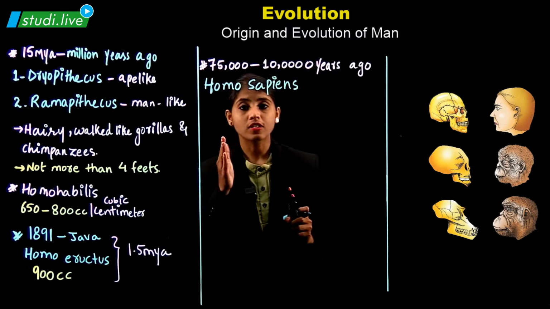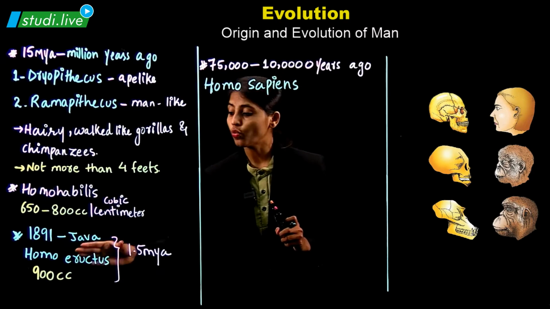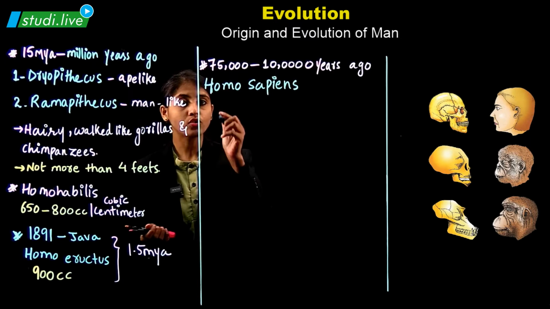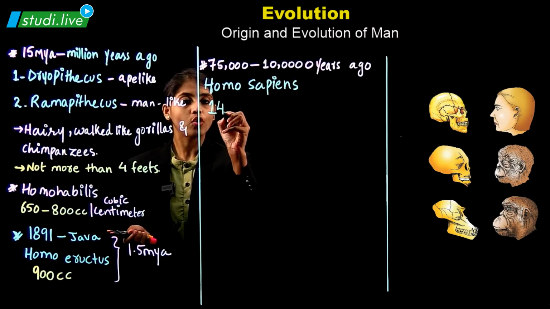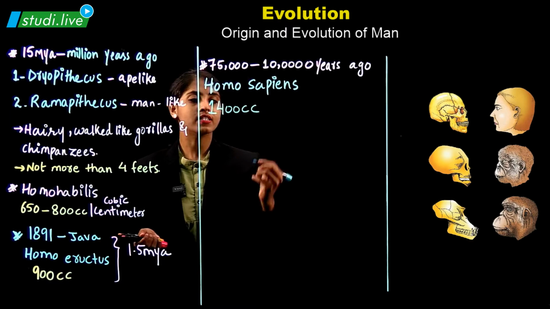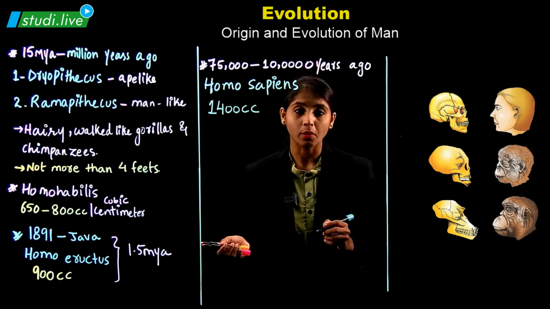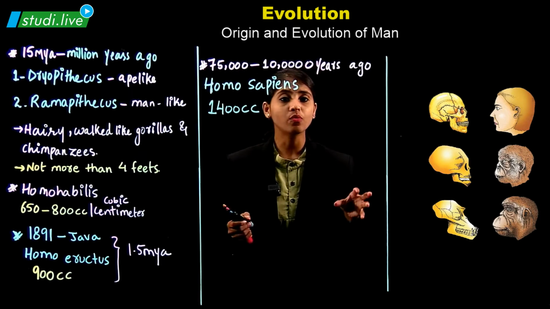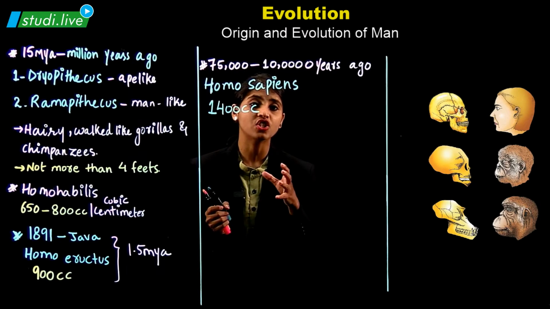They were a species of human with a more developed brain, around 1400 cc, cubic centimeter.